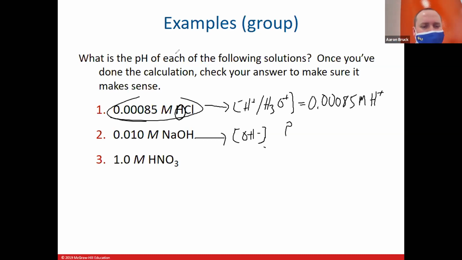Which means I can take the pH of it directly, the negative log of 0.00085, which would give us a pH of 3.07.